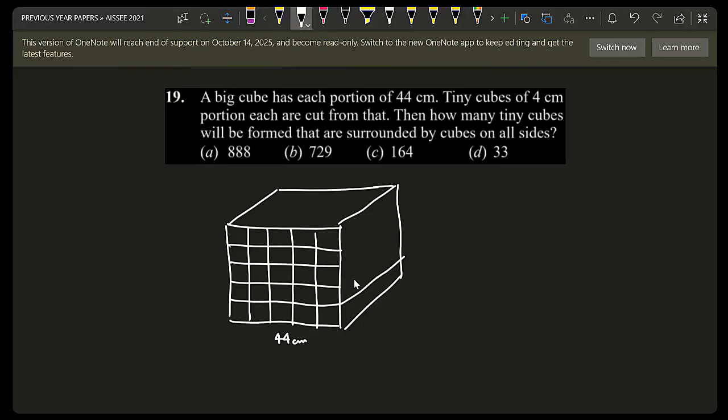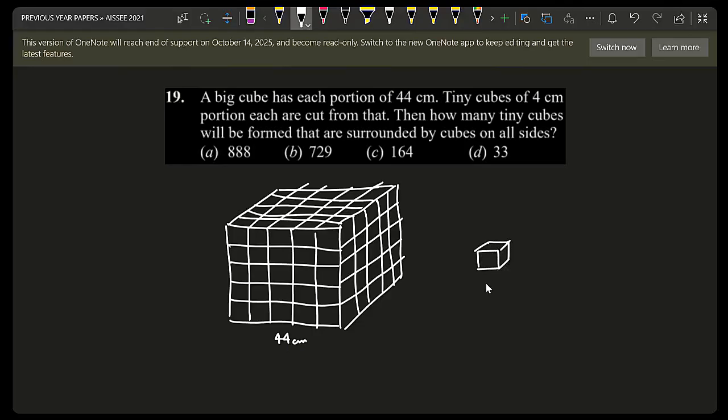You just remember that 11 pieces will be there on each side. So many smaller pieces they are dividing. Now, the big cube edge is 44 centimeters, and this is each small cube, which is 4 centimeters on a side.